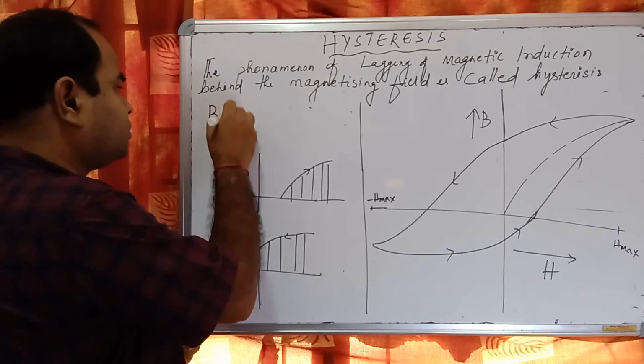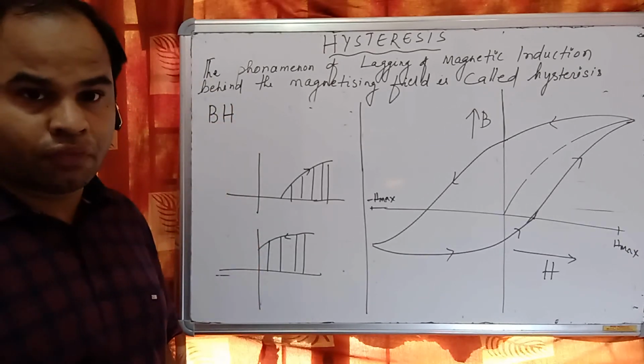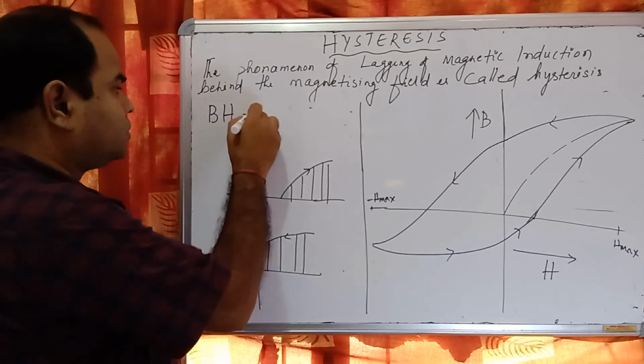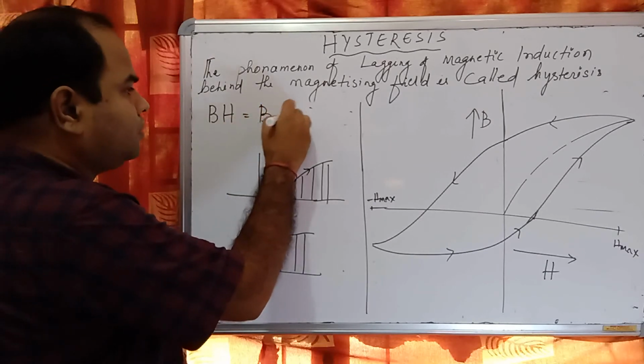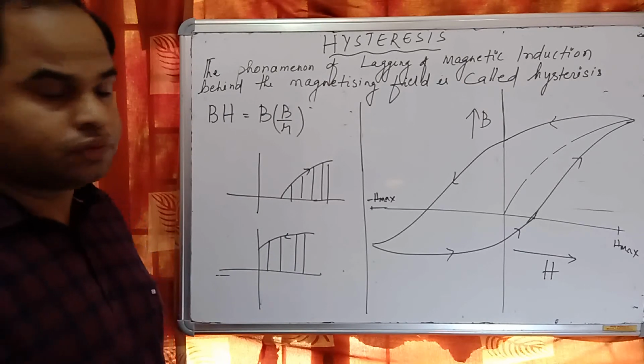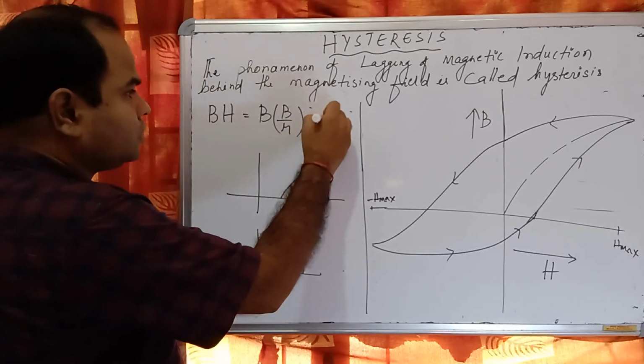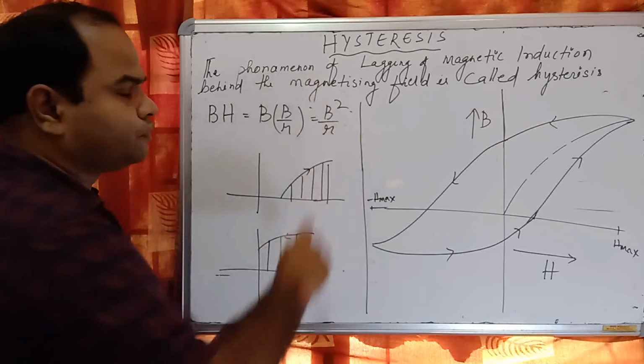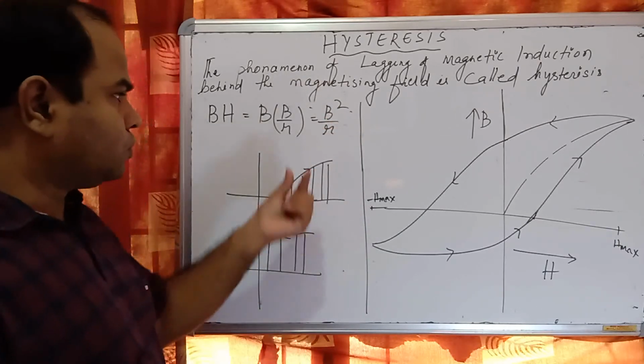BH curve. So H is equal to B by mu, because B is equal to mu H. So that is B square by mu.